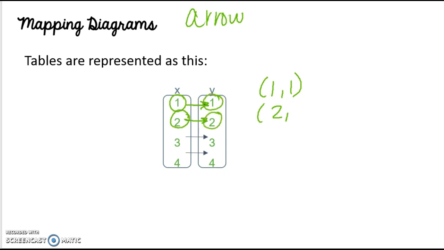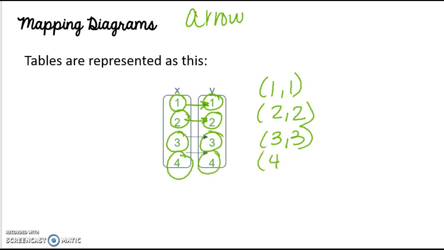The 2 is pointing to the 2, so that's my second. The 3 is pointing to the 3, so that's my third ordered pair. And lastly, that 4 is pointing to that 4, so that is my final ordered pair. And you can see that this would be a function because I have no repeating x values.